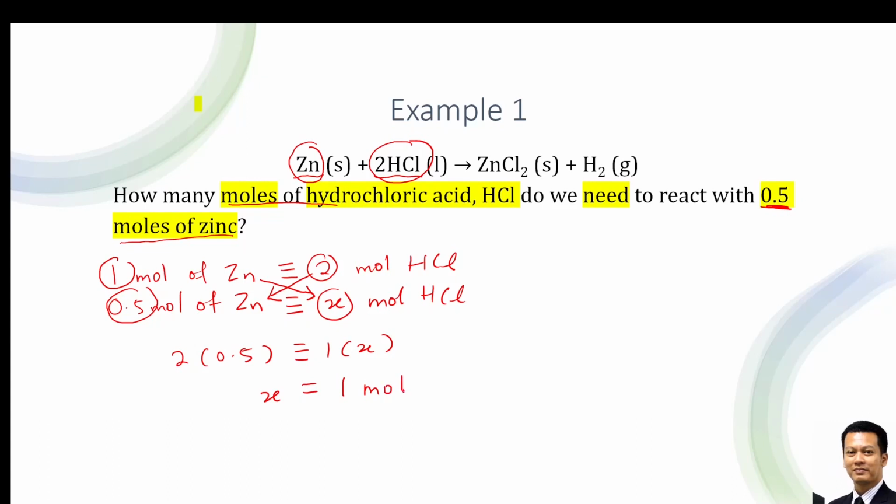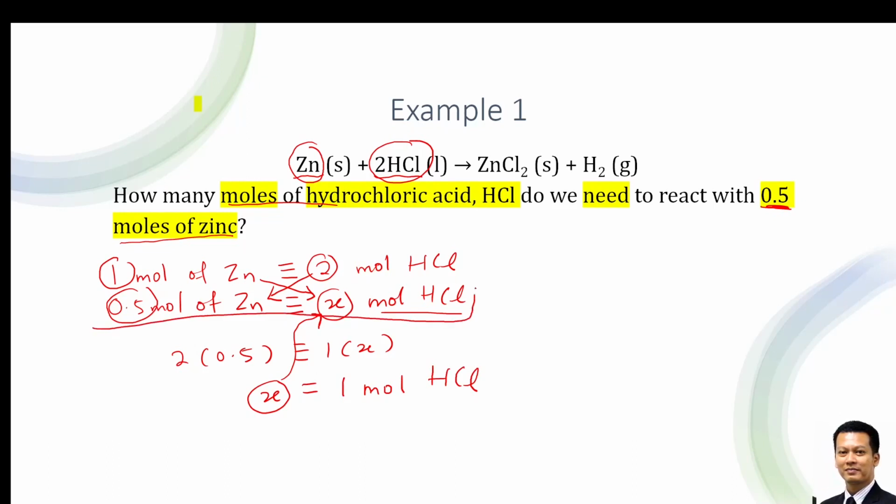1 mole. 1 mole of what? Remember, X here refers to the one thing that you are looking for, the number of mole of HCl. So it is actually 1 mole of HCl.